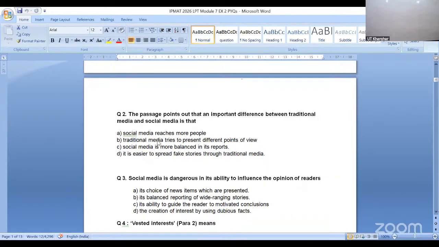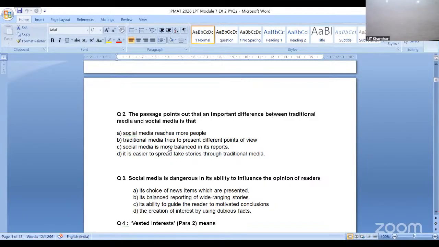Traditional media is ordered and balanced, and there is, at least in principle, an attempt to tell both sides of the story in each report. When we come to social media, they are using algorithms and showing what the people want. So what is the difference then?